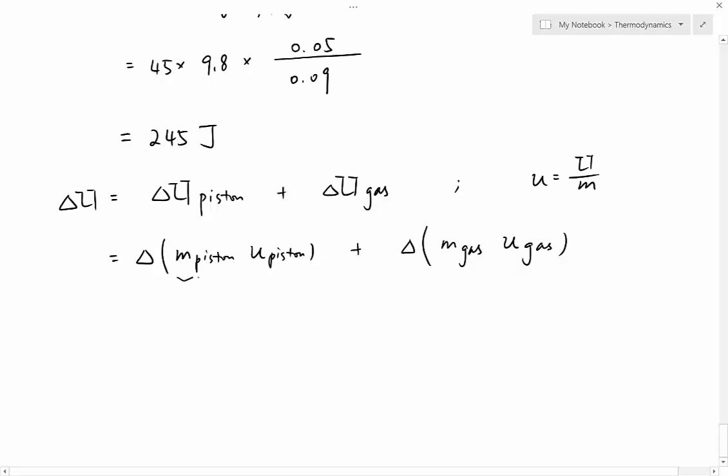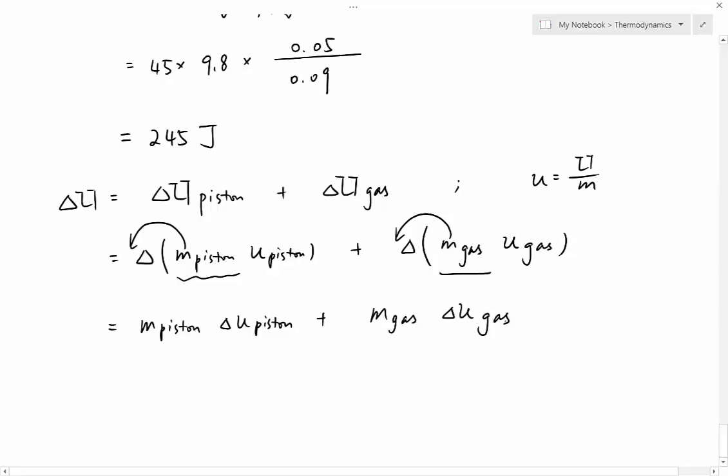Okay, and again, does mass of the piston change? No, it doesn't, so you can take it out. Does the mass of the gas change? No, it doesn't, so you can take it out. So it becomes mass of the piston multiplied by delta u of the piston plus mass of the gas multiplied by delta u of the gas.